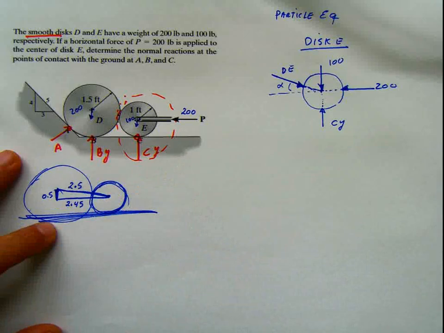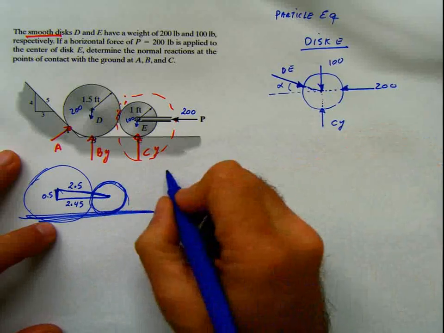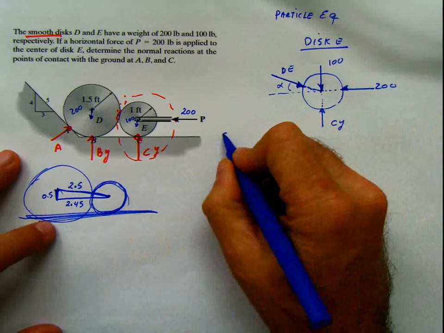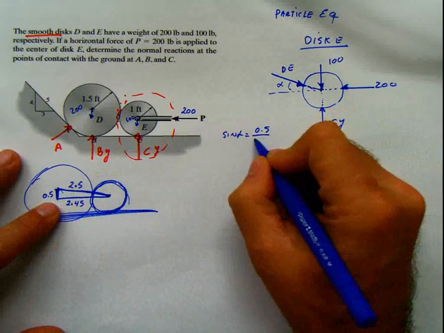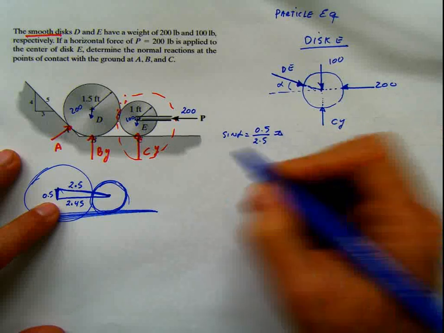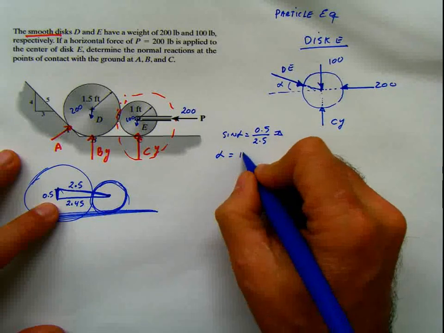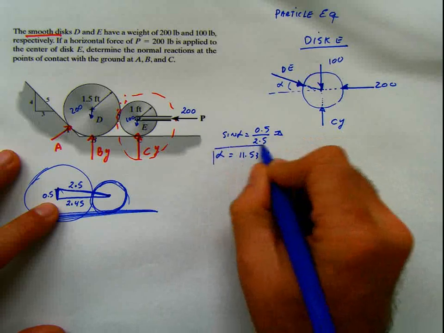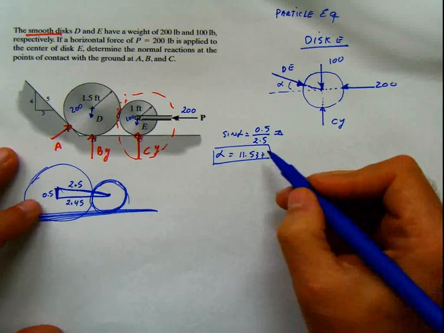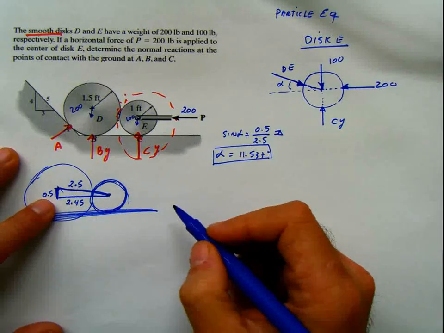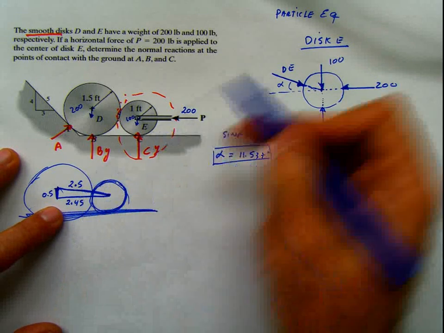By having those, if you want to calculate alpha, which is this angle here, you can say that sine alpha is the opposite, which is 0.5, divided by the hypotenuse, which is 2.5, which gives you alpha as the inverse sine of this, and alpha will be 11.537 degrees, if you want to calculate it. I said if you want to calculate it because you can use this triangle directly. And you can say that the horizontal component of DE is 2.45 divided by 2.5 multiplied by DE.